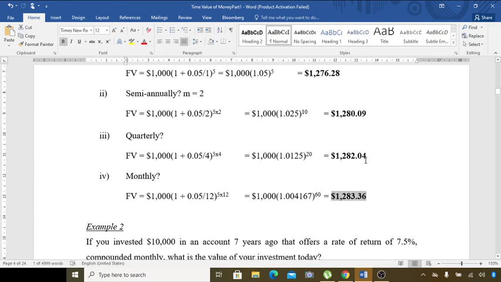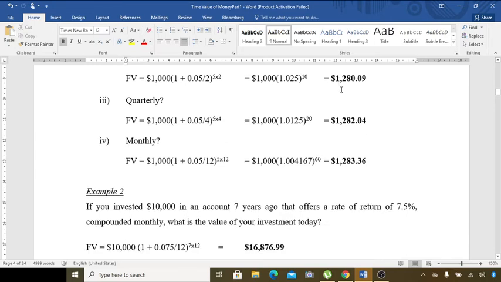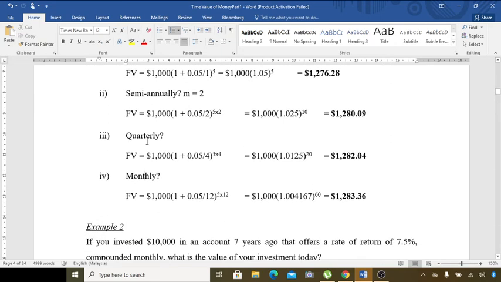Notice that it increases quite substantially at first, but later on it becomes marginal, from semi-annual to quarterly until monthly. So I think it is not that difficult. You should get the hang of it quickly and easily.